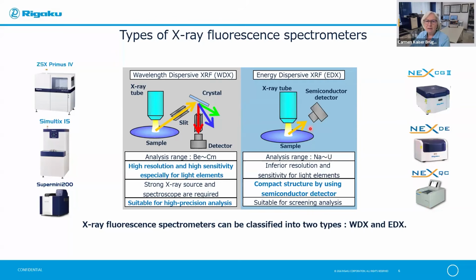So you can see that here. And really suitable for screening analysis or fast analysis on the field, where the bigger instruments, WDXRFs, a bit more complicated in terms of hardware design, but offers you much better resolution and higher sensitivity, and suitable for very high precision and accurate analysis, also used in mining applications.